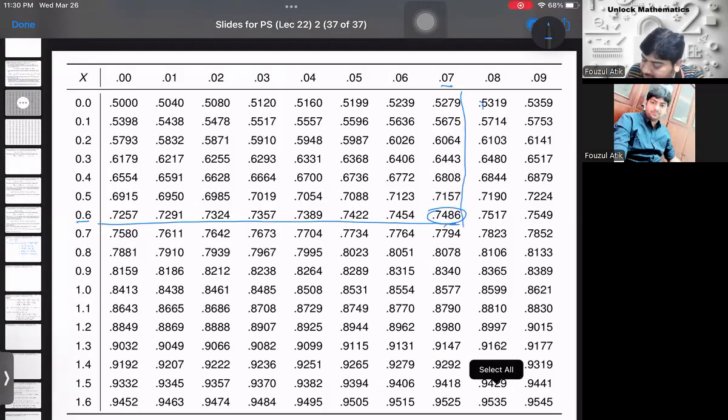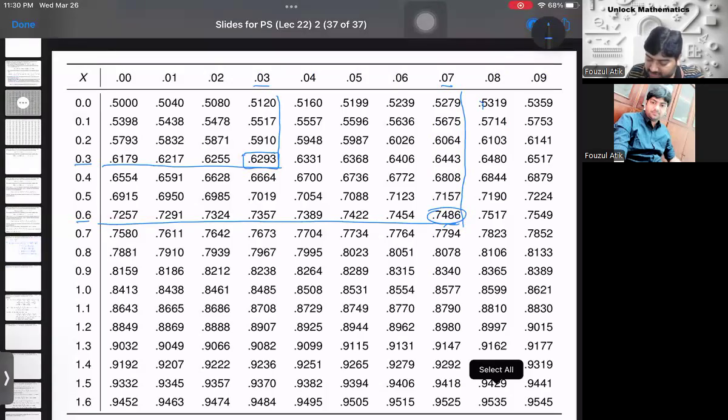So this will be the value, 0.7486. And phi of 0.33 we have to get. So 0.3 is somewhere here, 0.03 is here, so we go this way and come to that. So this will be the value, phi of 0.33 is 0.6293.